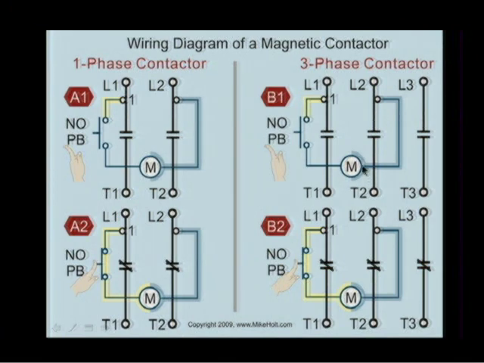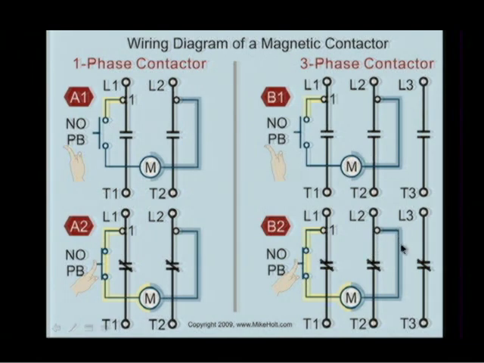If we go to a 3-phase, line 1, line 2, line 3, these contacts are open. Going to T1, T2, T3, power goes to the normally open push button. The M coil is not energized, so therefore T1, 2, and 3 are not energized. Press the normally open push button and momentarily close it.